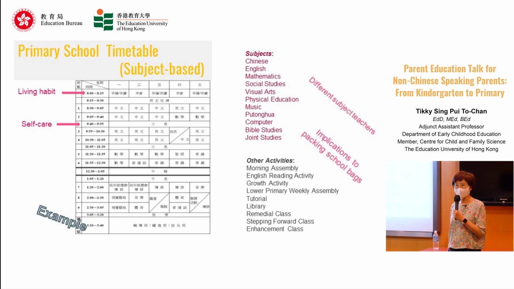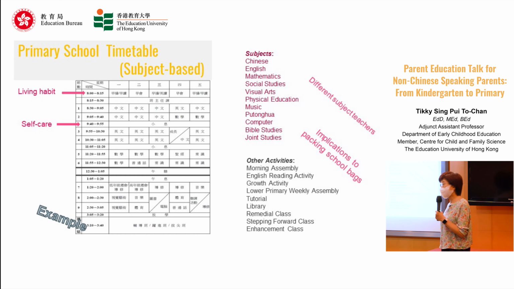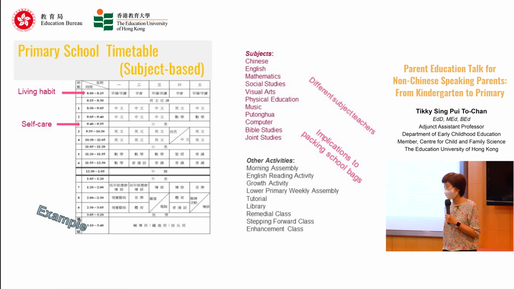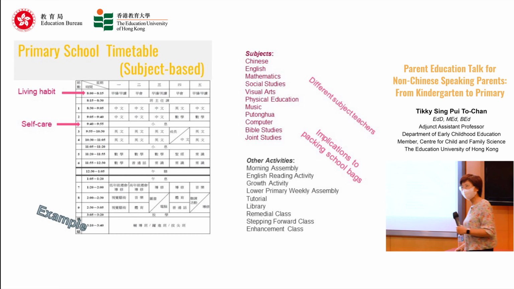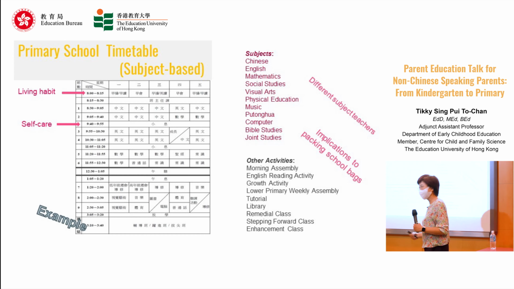And then another thing. Now, from this timetable, you see this row, it's the recess time. For kindergarten timetable, they don't have recess, because all activities are well planned, and the teacher will guide the kindergarteners to queue up to the toilet now, and when they queue up, they sing the song, happily go to the toilet.